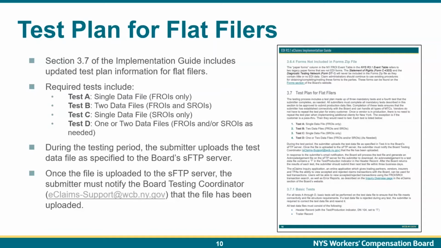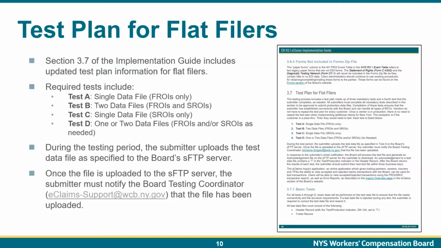During the testing period, the submitter uploads the test data file as specified to the board's SFTP server. That's the same test folders that you use today for release 3.0. Once that file is uploaded, the email to notify the board is the eClaims support email. It's very important that you do let them know the file has been uploaded so it can be processed.